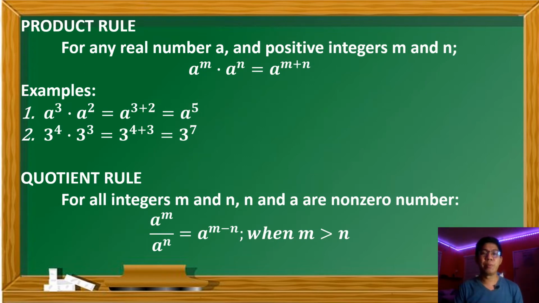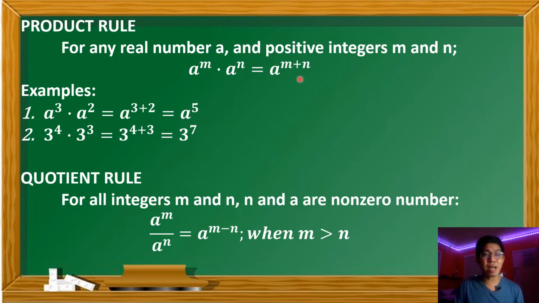We have the product rule. It states that for any real number a and positive integers m and n, a raised to m multiplied by a raised to n is equal to a raised to m plus n.